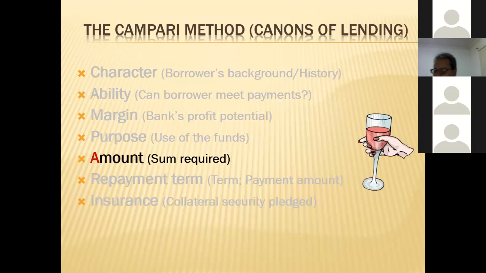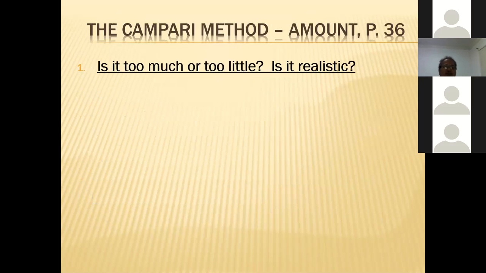So amount, we have one blank to fill in there. But the first point is, is the amount too much or too little? Is it realistic? Normally we can overcome this because we ask for proof.